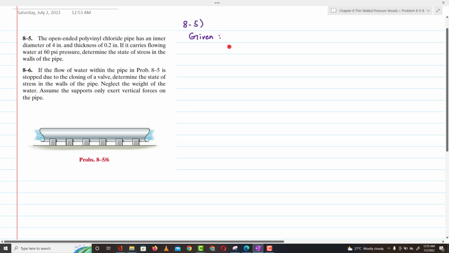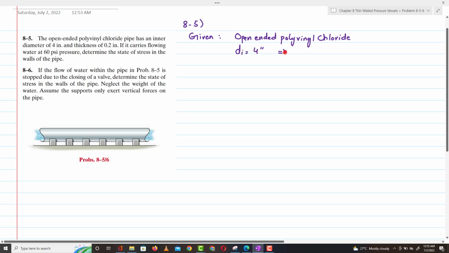So given data is that first it is open-ended polyvinyl chloride. It is better to write each and every piece of information in the given data, so you can easily get the information from it. Inner diameter di is equal to 4 inch.